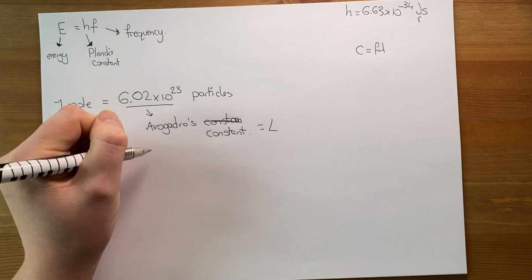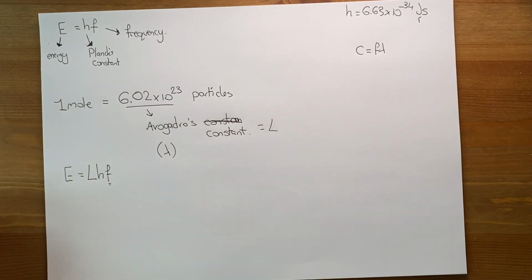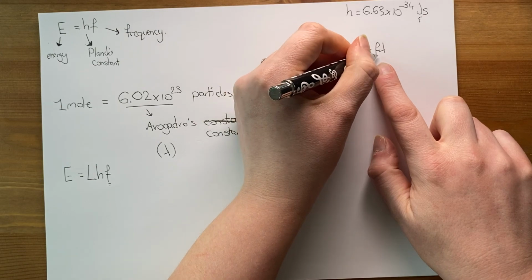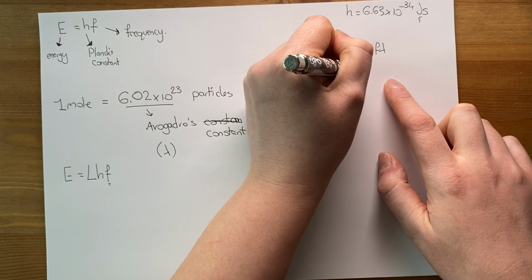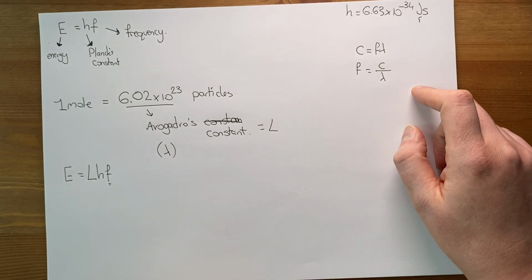Instead, I know lambda, I know the wavelength. If I know that, then I can change this. Rearranging for f equals c over lambda.